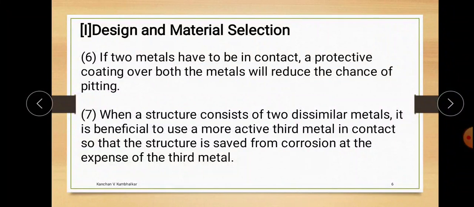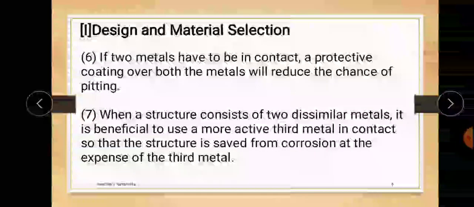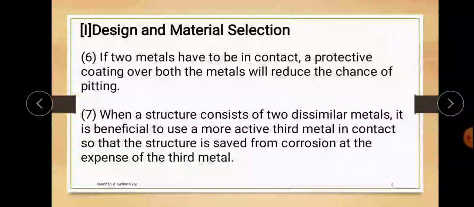For example, we have two metals, aluminium and copper, and aluminium is active, copper is less active, but aluminium is costly, so we introduce a third metal, for example zinc, which is available, which is cheap, and which in the electrochemical series is quite more active as compared to aluminium.